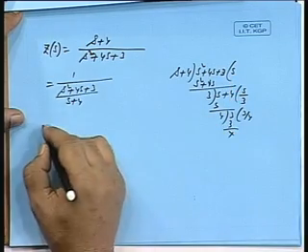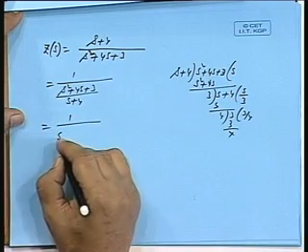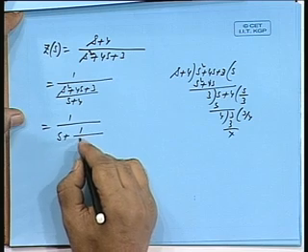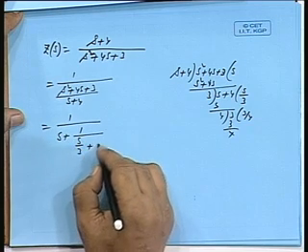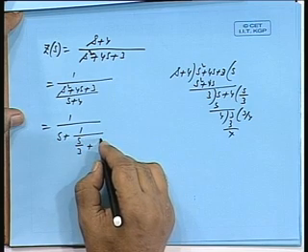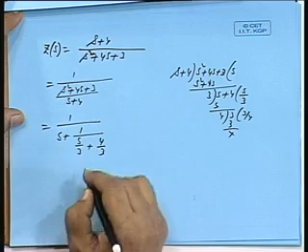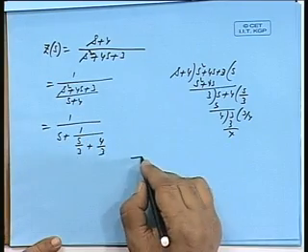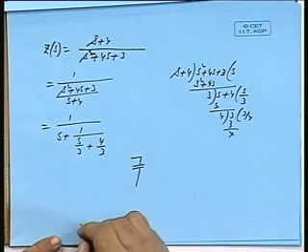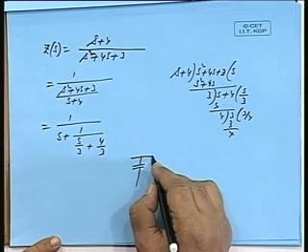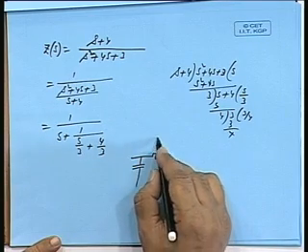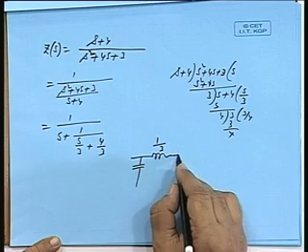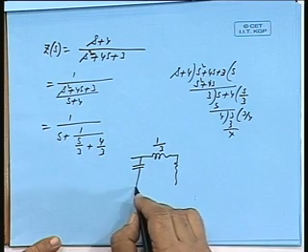So, it starts with 1 by s plus 1 by (s by 3) plus 1 by (3 by 4), so 4 by 3. So, what does it give me? Admittance of capacitor, then an impedance of 1/3 Henry and 4 by 3.